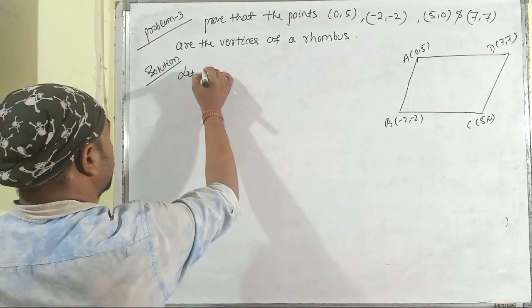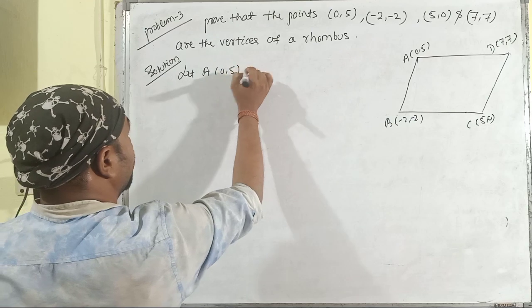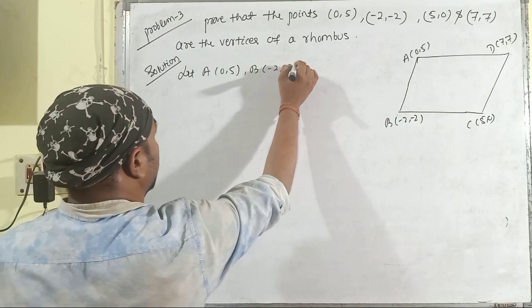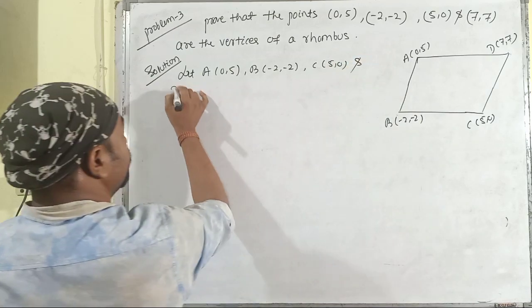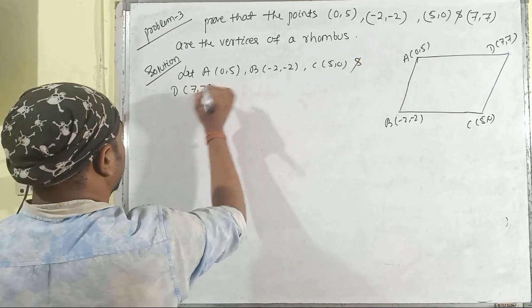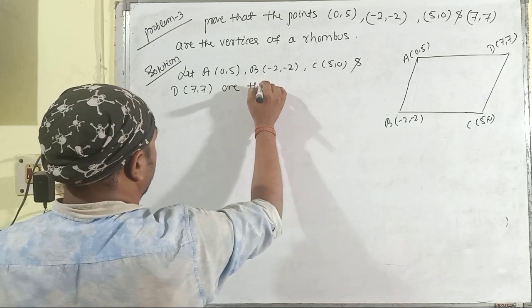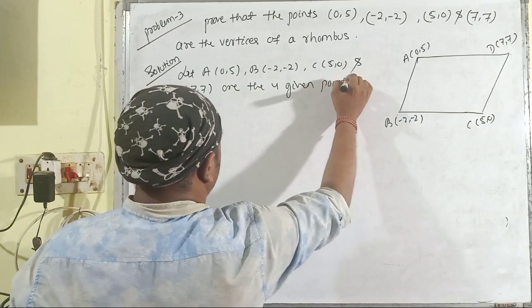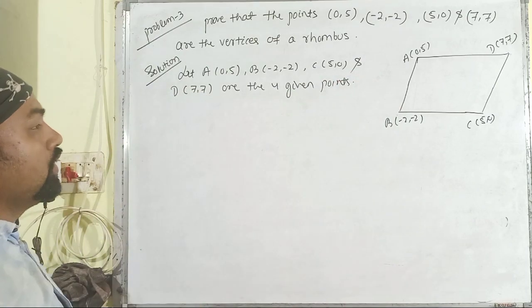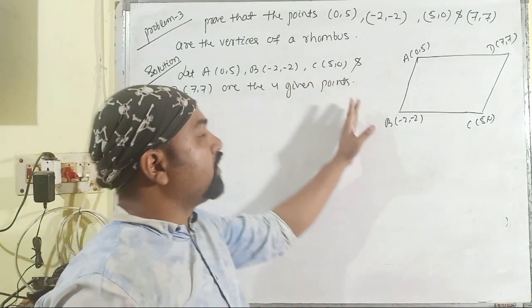Let A(0, 5), B(-2, -2), C(5, 0) and D(7, 7) be the 4 given points. We have to prove that these 4 points are the vertices of a rhombus.